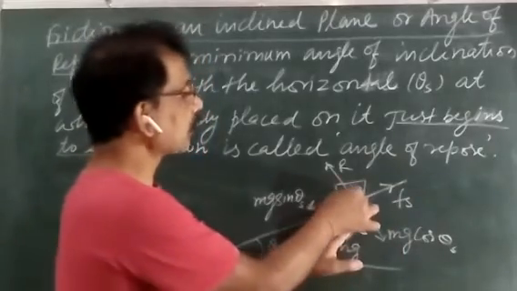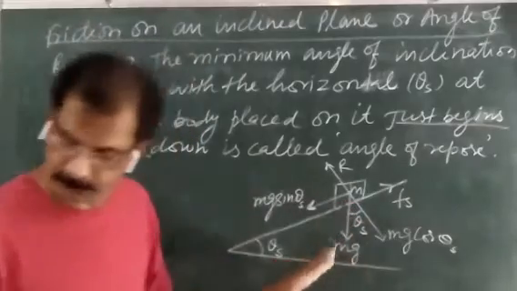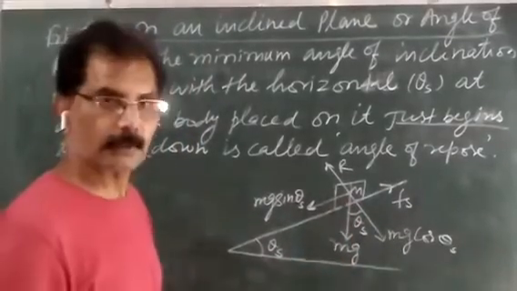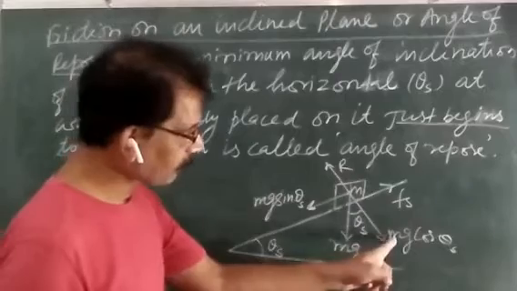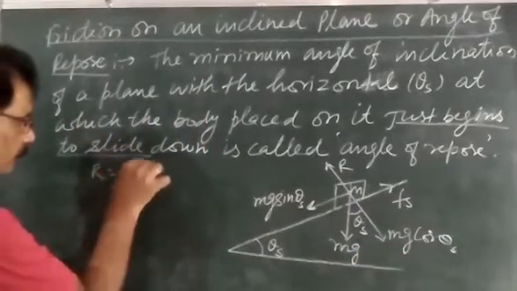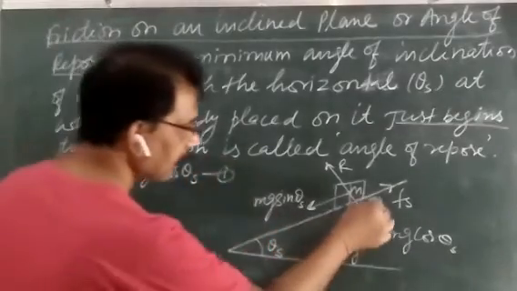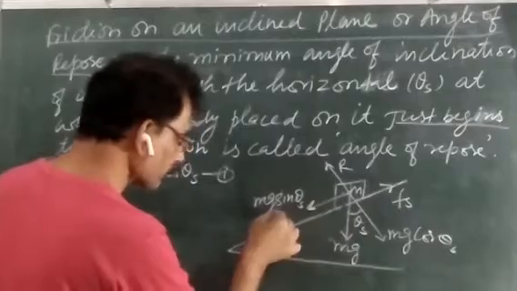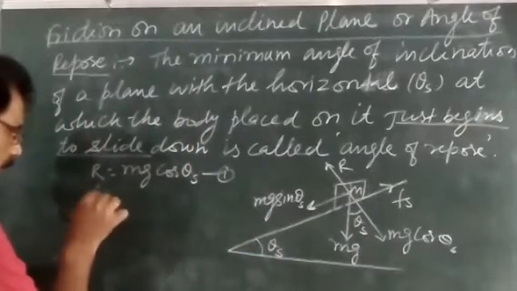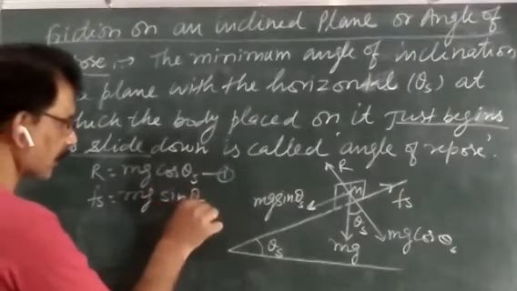And since the block remains at rest, all these forces are balanced to each other. So you can say R is balanced by mg cos theta s. So we can write here R is equal to mg cos theta s, equation 1, and Fs is equal to mg sin theta s.